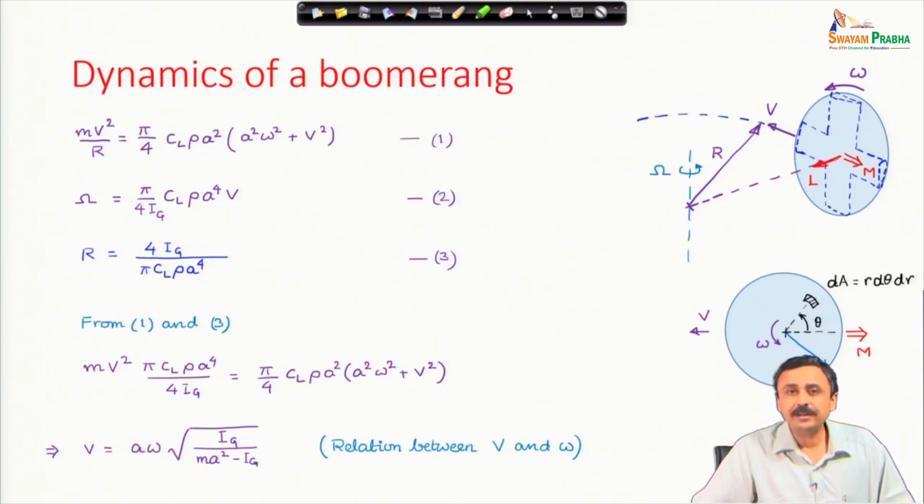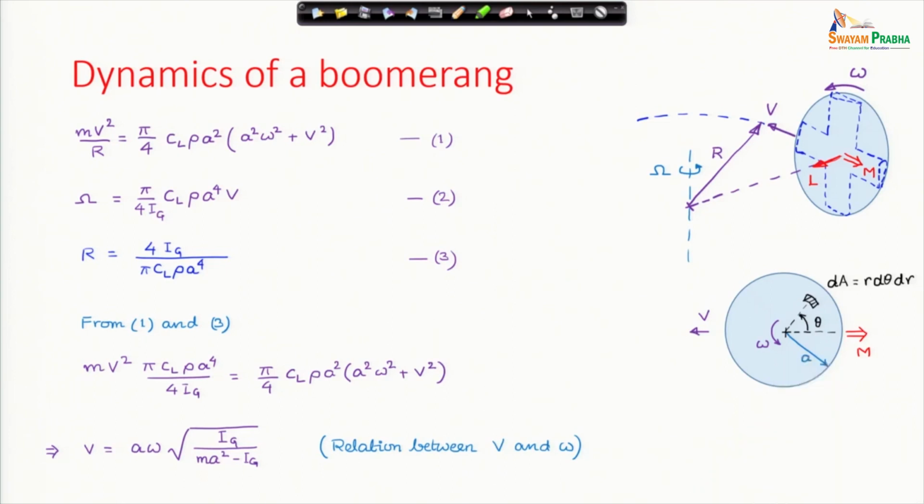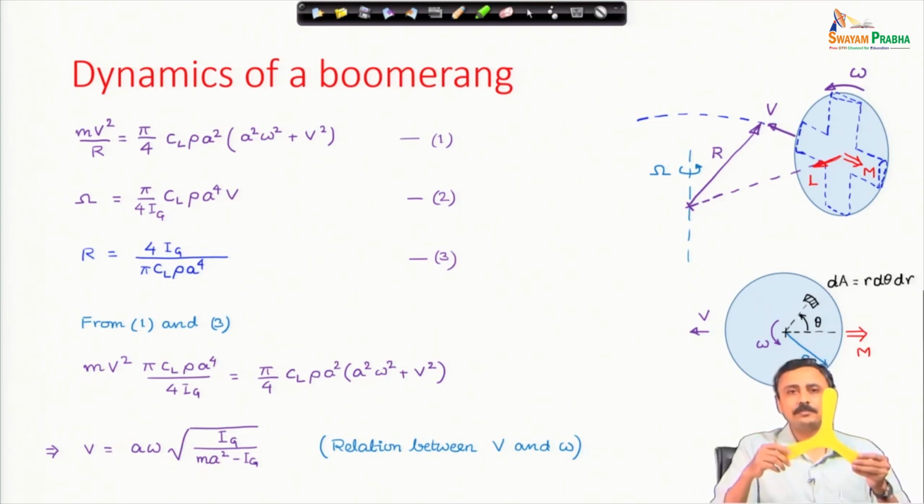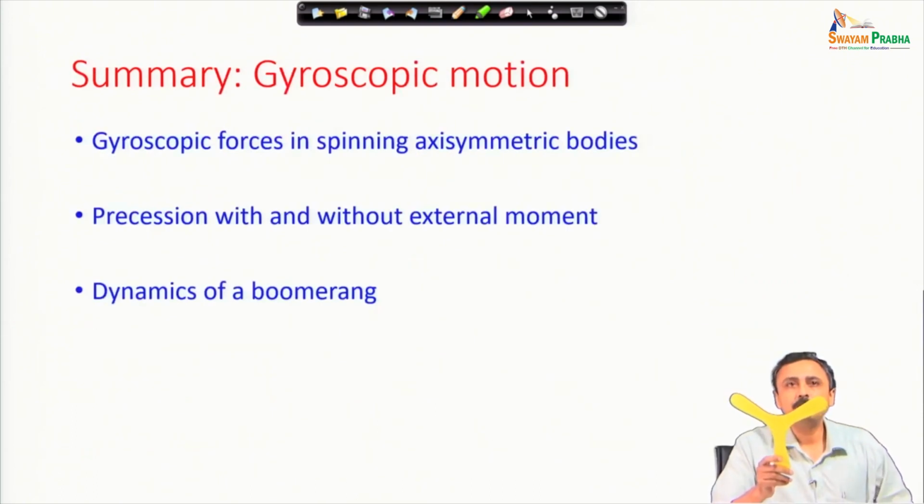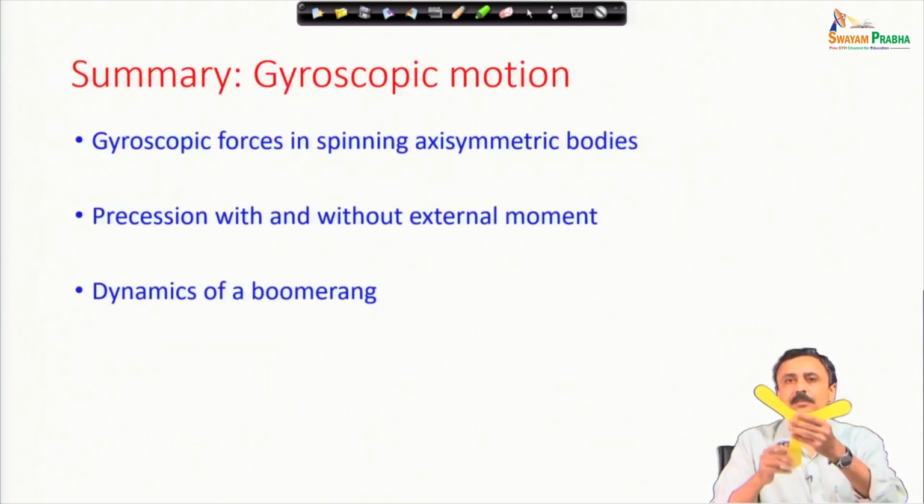Now, before I end, I want to show you this boomerang. This is a 3-armed boomerang. Maybe I will make the screen white.